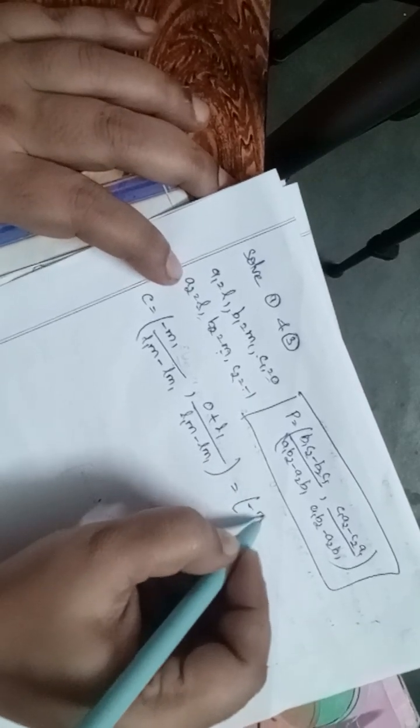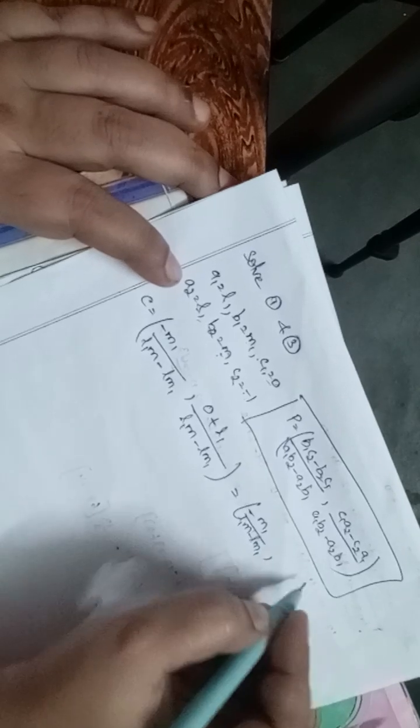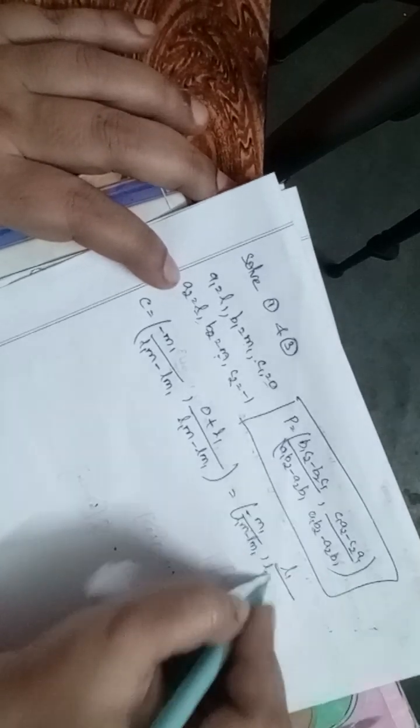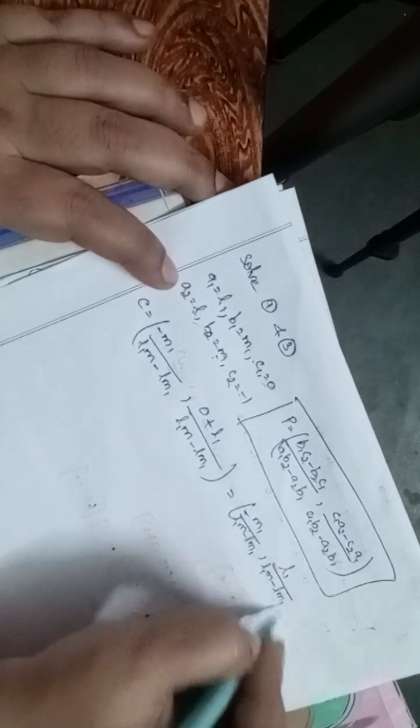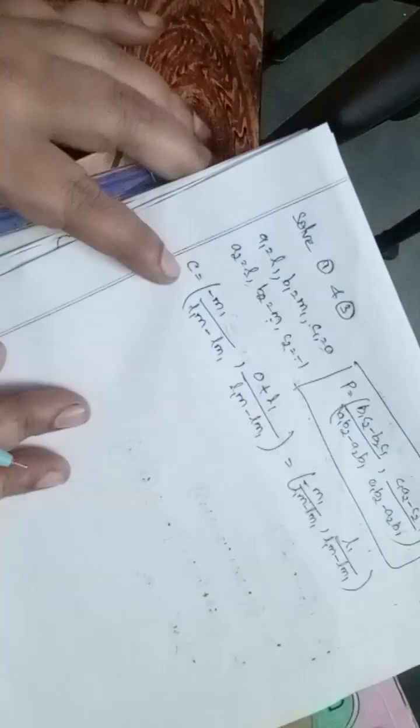That equals minus M1 by L1M minus LM1, comma L1 by L1M minus LM1. Like this we got the points.